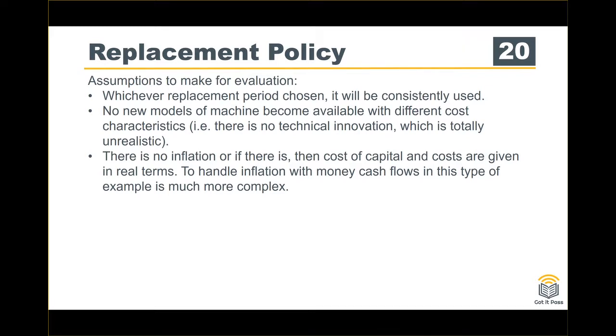We assume no inflation because it is very challenging for an FLI student to handle inflation in replacement policy. There are no new models of machines available, and also the policy is consistently used.